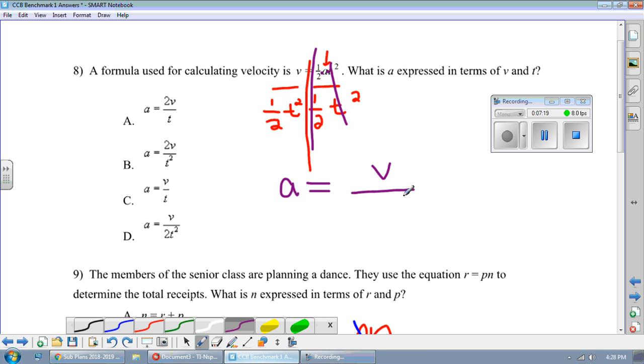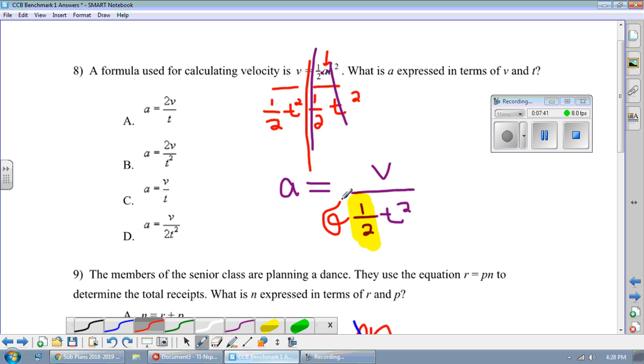We get v over 1/2 t squared, but that answer is obviously not there. That's because this 1/2 looks gross on the bottom of a fraction. We can't have a fraction in the bottom of a fraction. So we're going to move that 1/2 out of the denominator, up into the numerator.